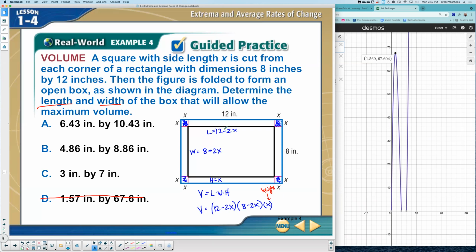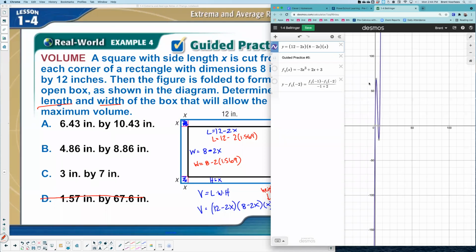That's right. We just substitute in here. So we could say the length will equal 12 minus 2 times 1.569. And then the width would equal 8 minus 2 times 1.569. I'm going to stop there and I'll let you do the rest.